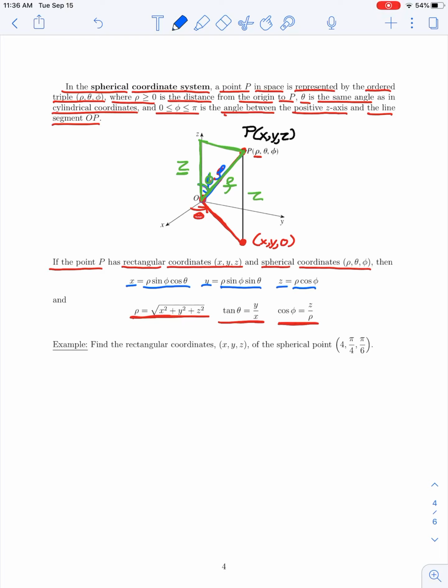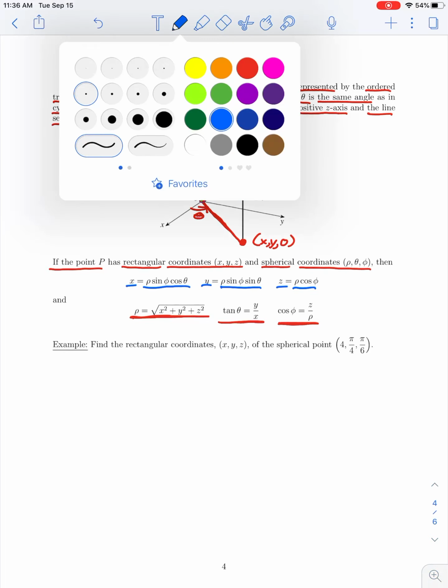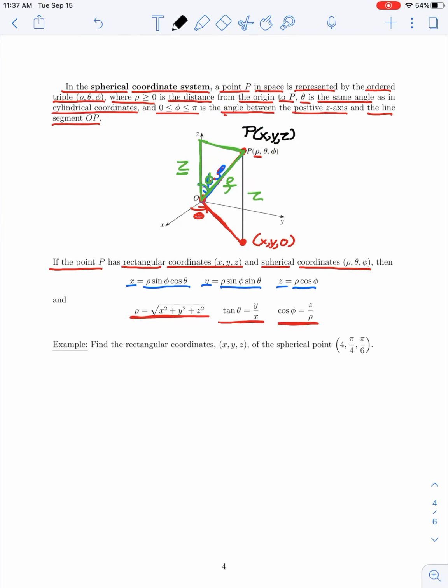So in this first example, we're asked to find the rectangular coordinates x, y, z of the spherical point whose coordinates are given. So here the coordinates for this point are given in the order rho, theta, phi. So let's find our coordinates x, y, and z.